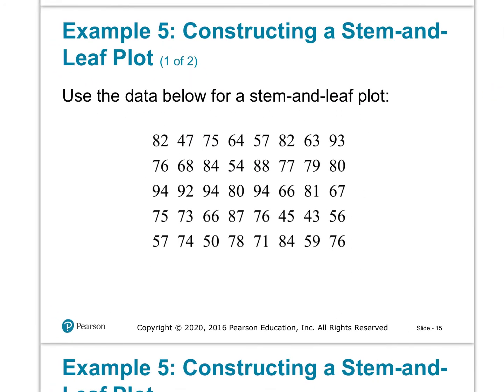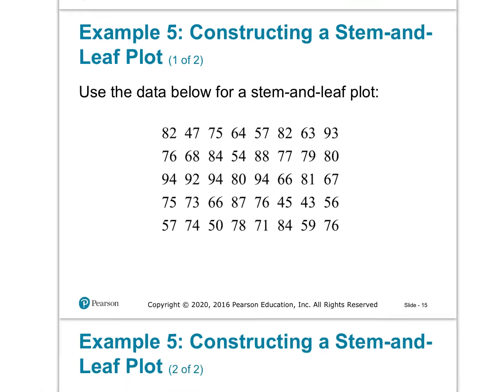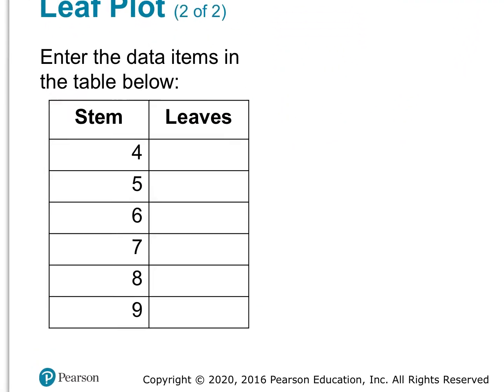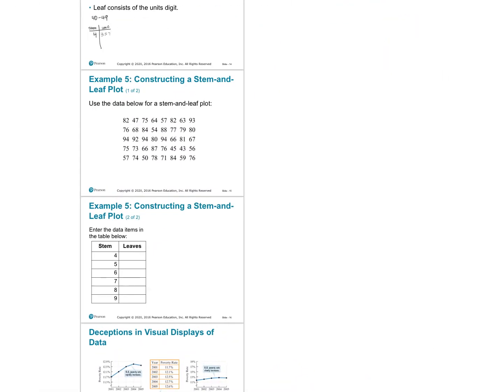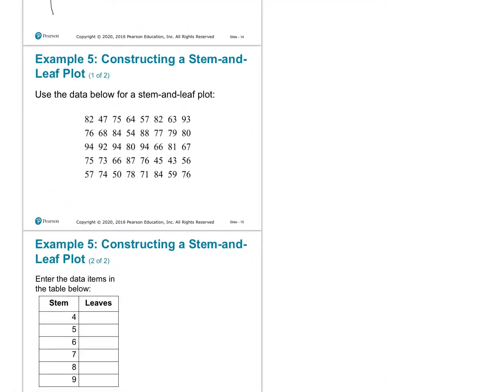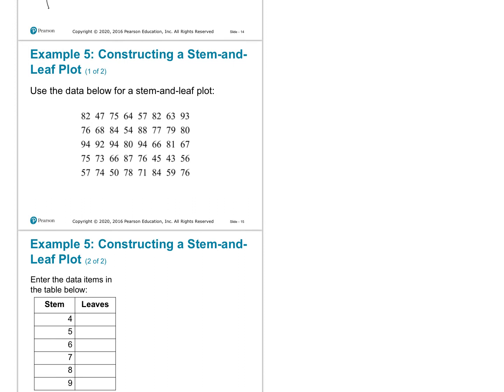All right, so it says use the data below for a stem and leaf plot. So we're looking at all of these numbers here and then making our stem and leaf. Kind of like we just looked at, it's the same data that we just had.